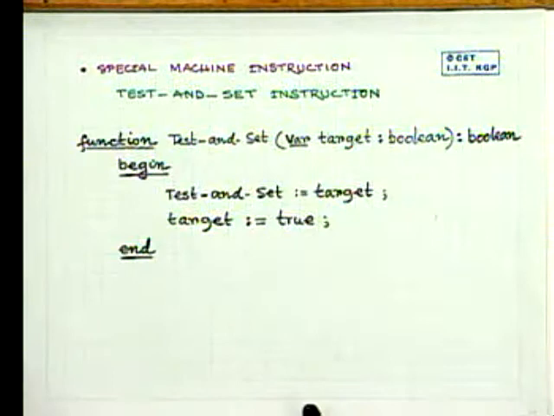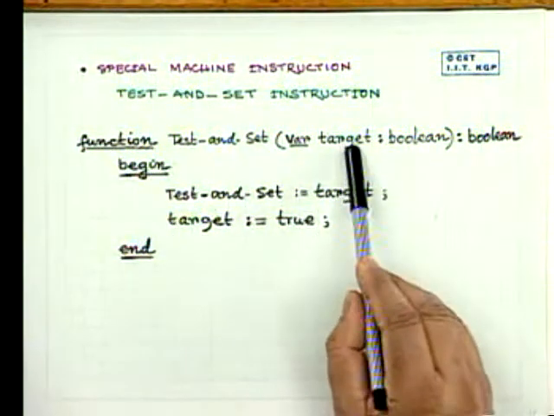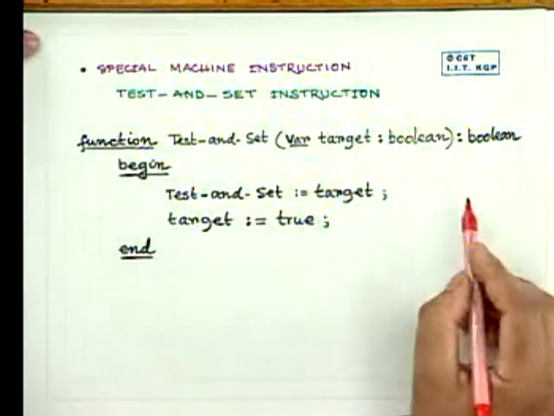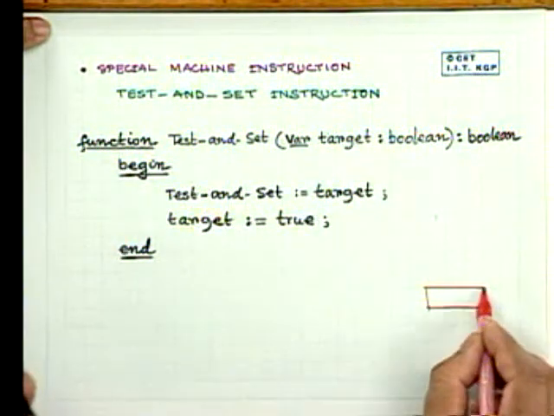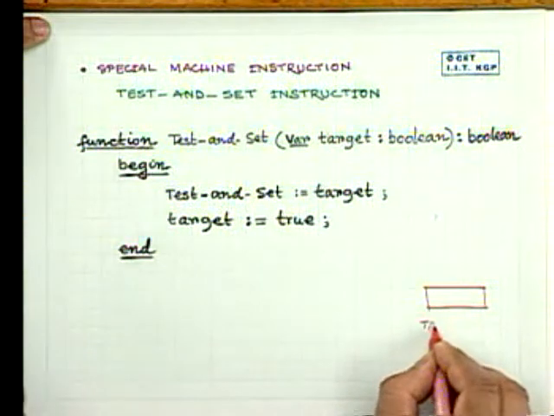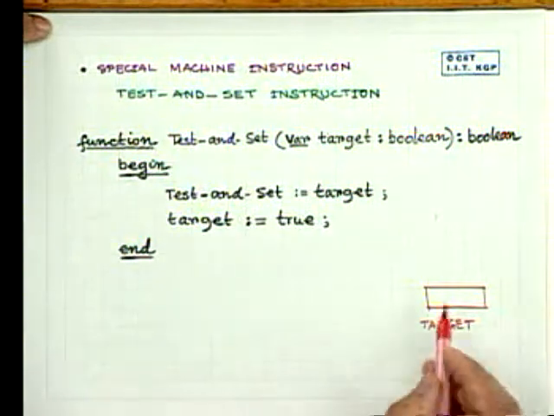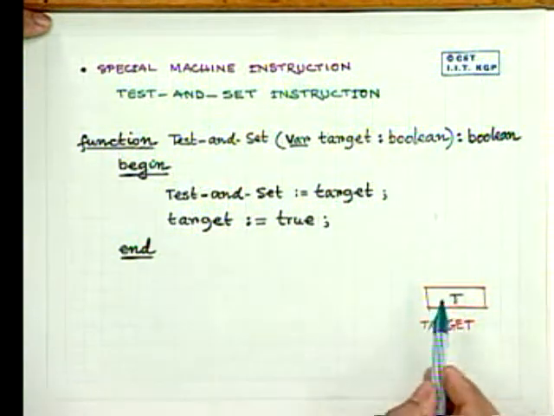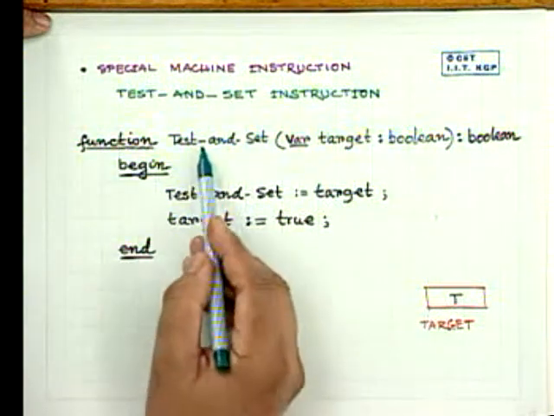Now, it does this job: whatever be the value of the target, it can be either true or false. If it is true, that value comes as the test and set, and therefore that value is returned.